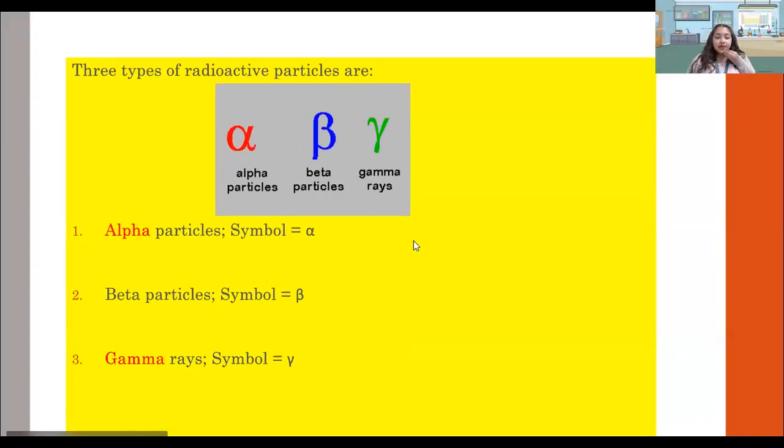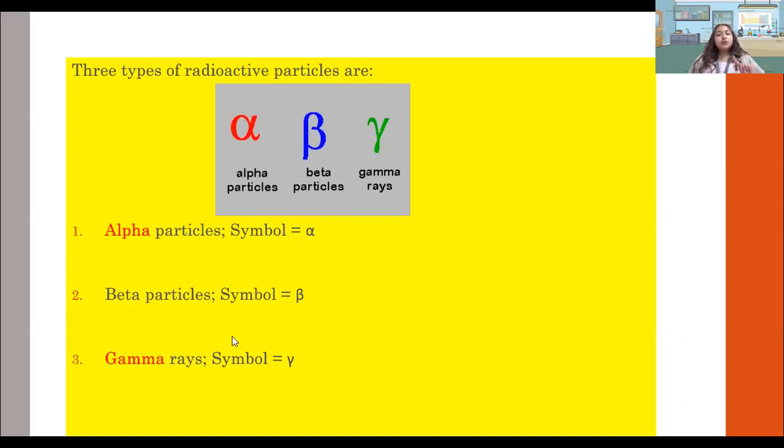All right, so then next up, we have the three types of particles that are emitted in order to achieve stability. Like we were seeing in the video, those are alpha, beta, and gamma rays. For the alpha particles, there are two different symbols that we can see. One of them is the alpha symbol, the letter alpha in the Greek alphabet.